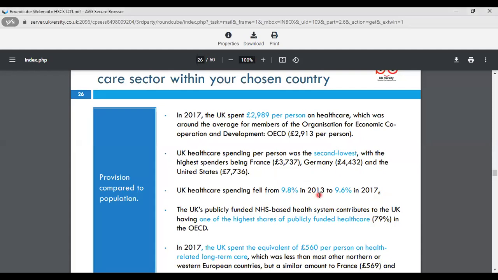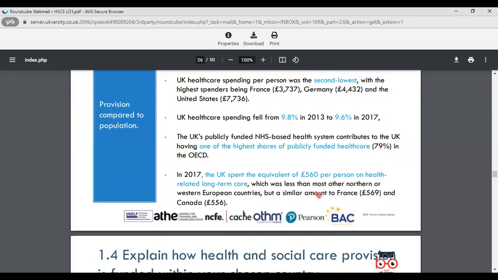That's also very low. So the UK's publicly funded NHS is based on the taxation system. So whatever taxation is being used within the country is then used for the NHS. The private sector is different, it's separate. So it's one of the highest shares of publicly funded healthcare in the OECD.